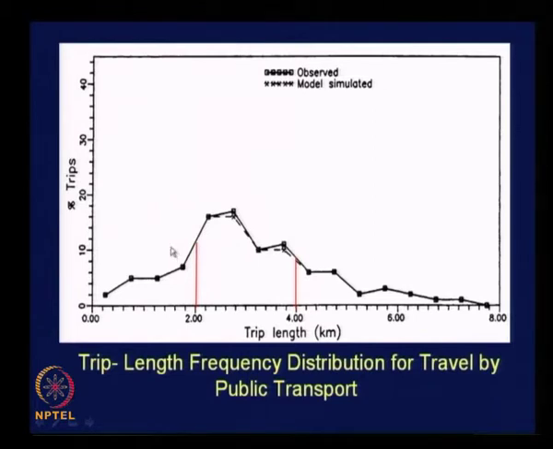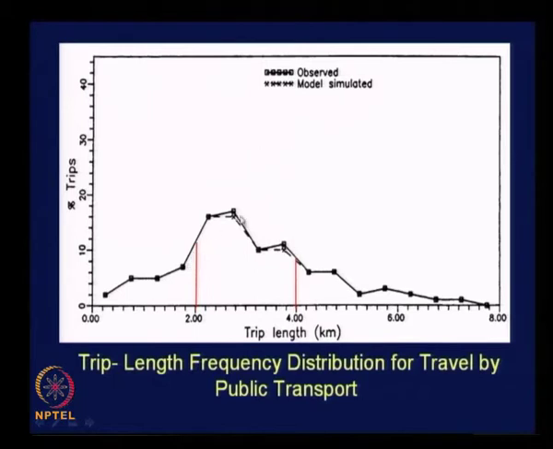clear. So we segment the distance and then fix the midpoints as representative points to indicate the percentage proportion of trips pertaining to each segment of the trip length. That is how we draw the trip length frequency distribution curves. And it was done for the observed case as well as model calibrated or model simulated values.